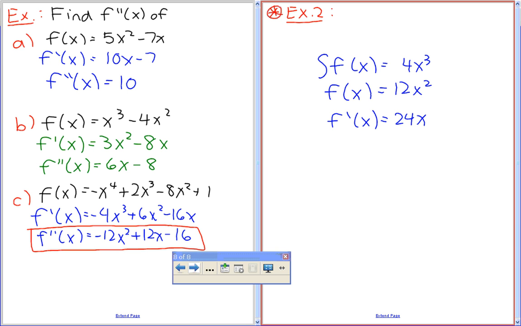This is what makes calculus difficult. Yes, plus a constant. Plus 4 would work, plus 8 would work. There are rules to go backwards, but you're just thinking, the derivative of this is this, so the integral is going backwards.